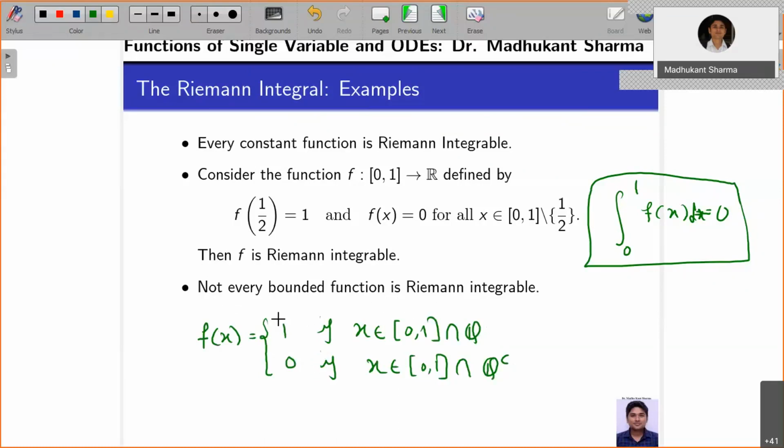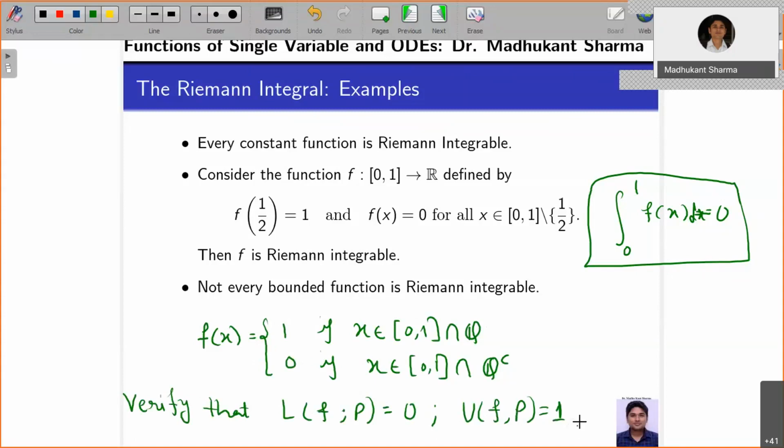So for this case, what you can show, so I can give you that to verify, is that for any partition P, L(f,P) becomes 0 and U(f,P) becomes 1. That's very easy to show, because you are going to apply the density theorem here.